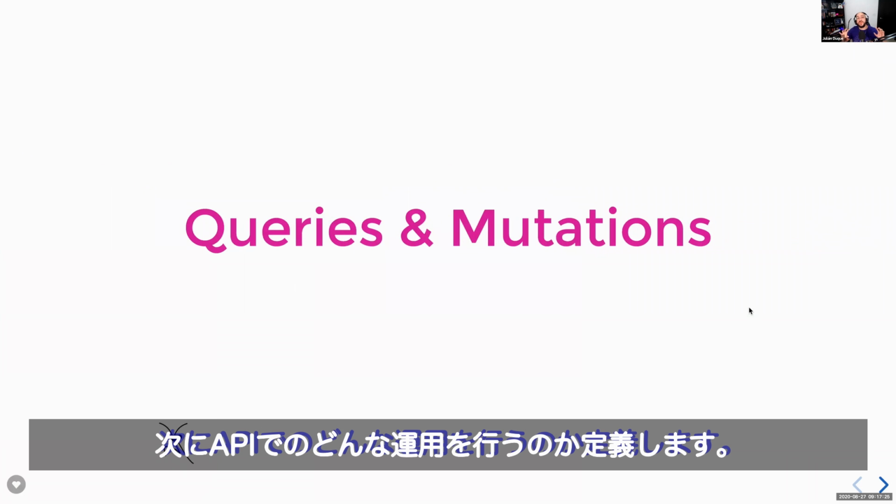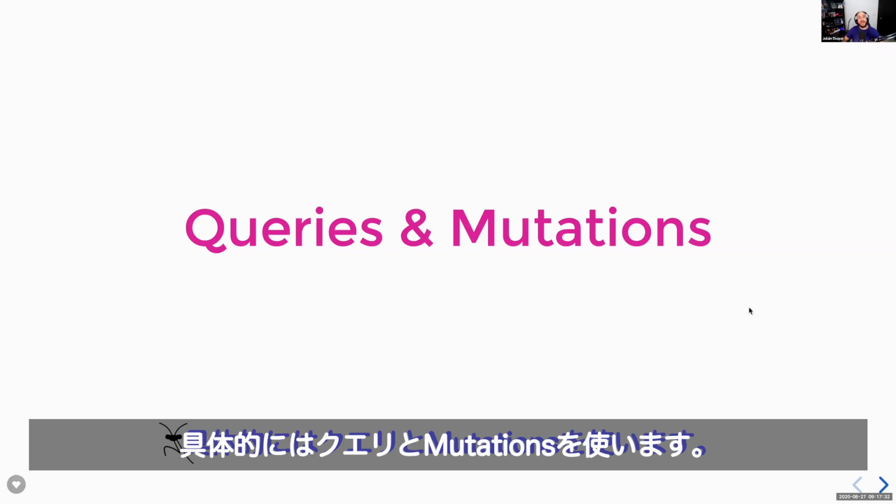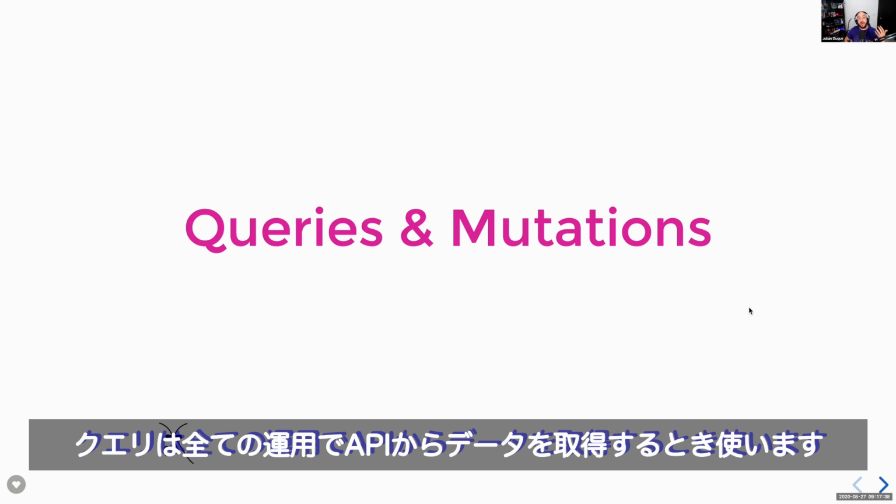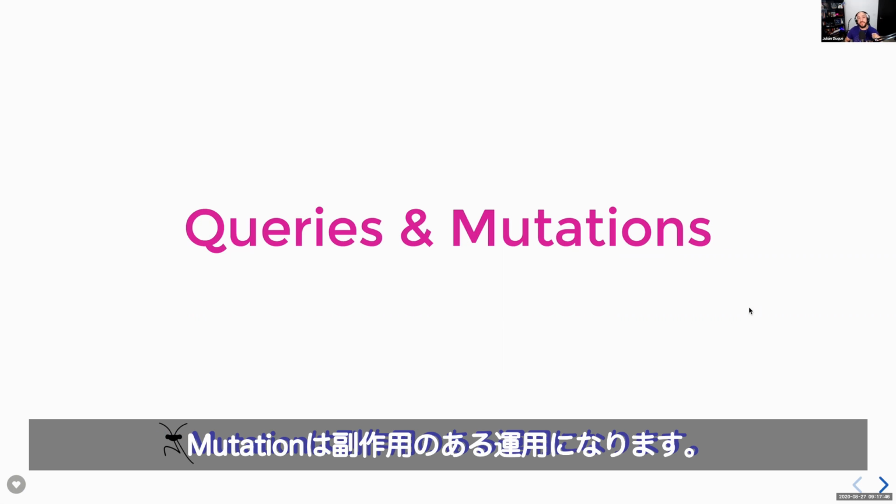Then we need to define or specify the operations I can do on my API. And those operations are going to be either queries or mutations. A query is a read-only operation that is going to be used to retrieve data from my API. And a mutation is an operation that has a side effect.